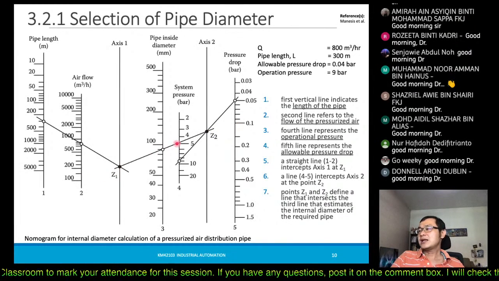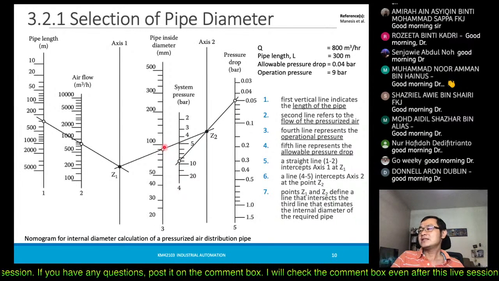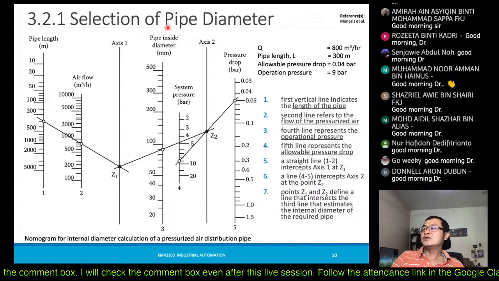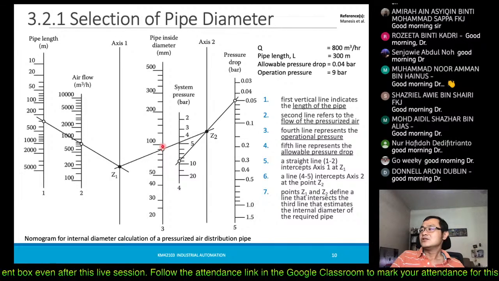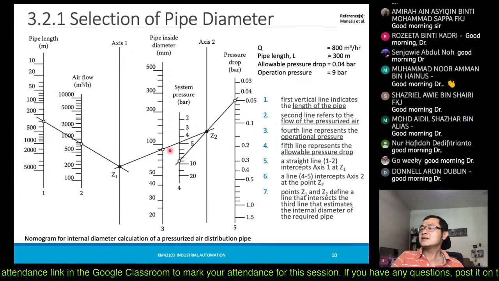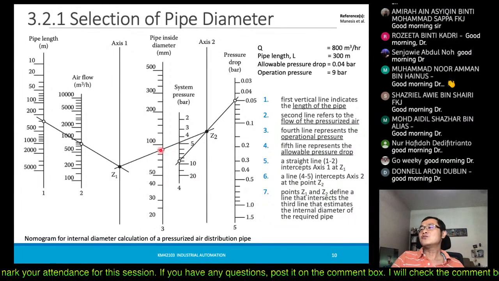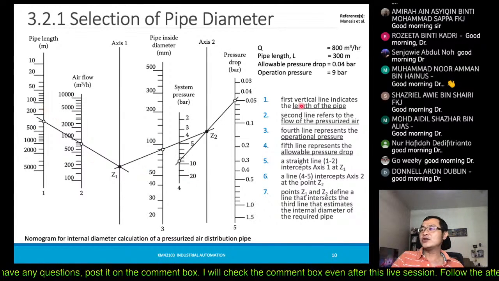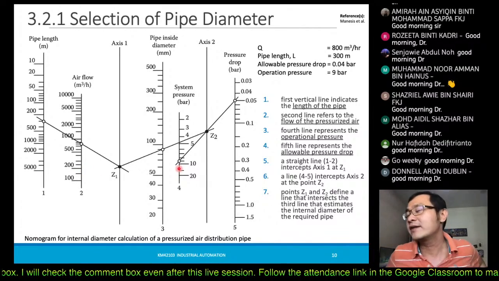This straight line will now intersect at one point over here, and this tells us the pipe diameter we need to use. Eventually we get around 90 millimeter of pipe that would allow us to meet all these conditions. So it's very straightforward, no equations, and very clear.